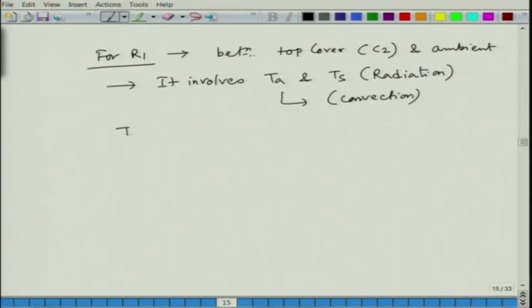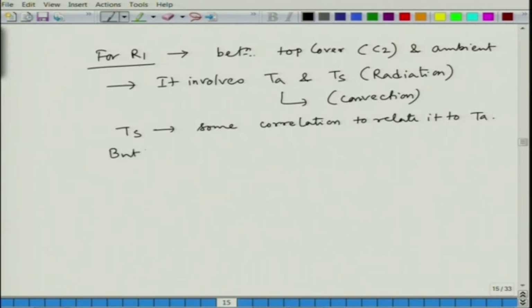Now, this T_s we relate to T_a using a certain correlation. That correlation depends on weather, location and similar factors, and the exact form of the coefficient does not matter; you have to find the effective sky temperature.